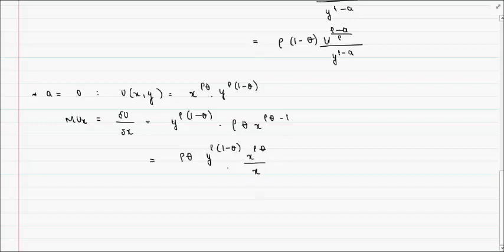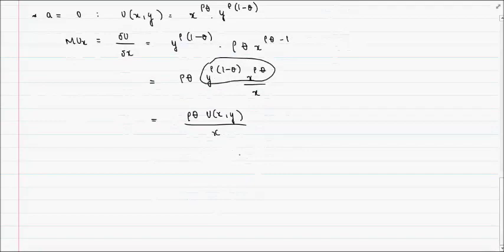Okay, now why am I doing this? Because I just want to express this in terms of the utility function. As you can see, this expression over here is basically the utility function. So what I got is rho theta utility of x and y, and divided by x.